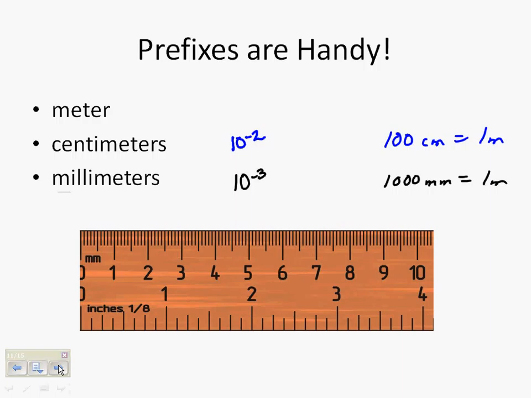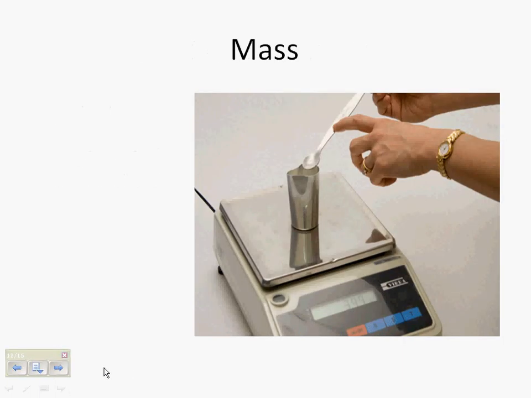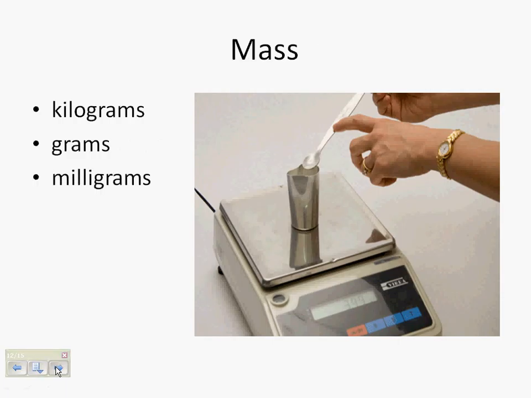For mass, our common units will be kilograms, grams. A kilogram is 1,000 grams, then milligrams, a 1,000th of a gram, and micrograms. So just some conversions. We know there are 1,000 grams in 1 kilogram.